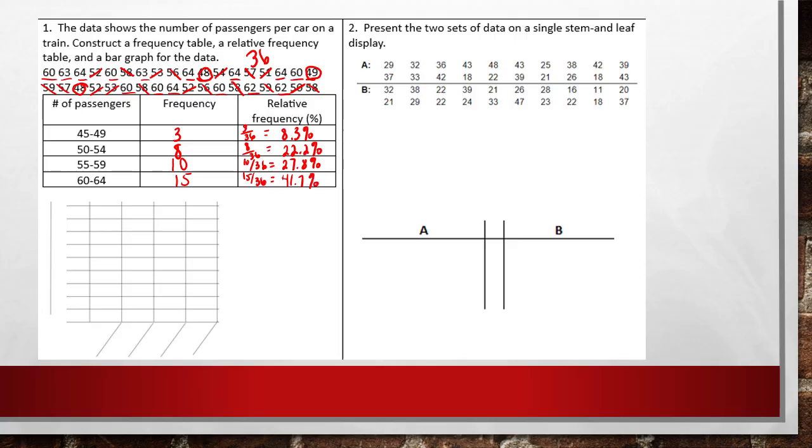So again, when you divide these, you get a decimal, and then you move it over 2 places to make it a percent. Okay, so for our numbers on the sides, this is going to be our relative frequency. And here across the bottom, this is going to be our number of passengers.